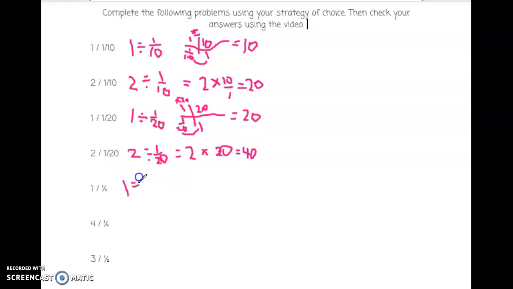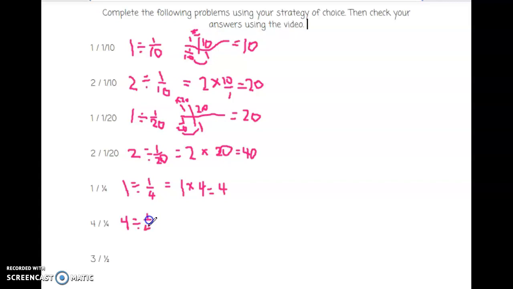1 divided by 1/4. We'll do the keep, change, flip. So keep the 1, change the sign, flip 1/4 to be 4 over 1, and then 1 times 4 is 4. Next one, 4 divided by 1/4.